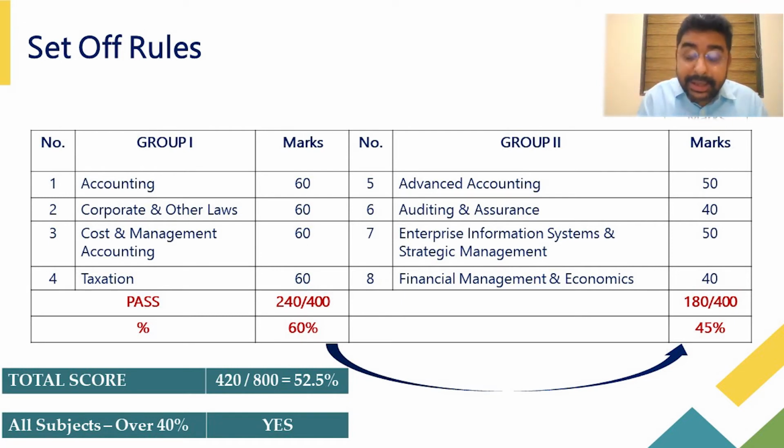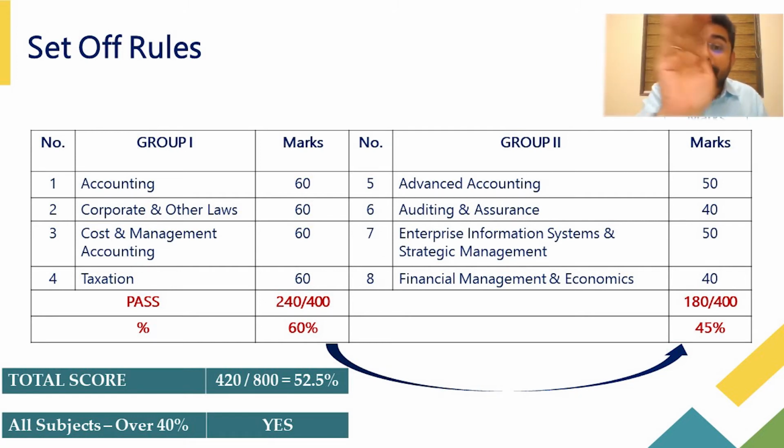The aggregate will not be calculated individually. The way it will be calculated is 240 plus 180, that's 420 total aggregate, divide by 800, which is 52.5. So because as an aggregate he scored 52.5%, it's more than 50, he will be considered to be passed.